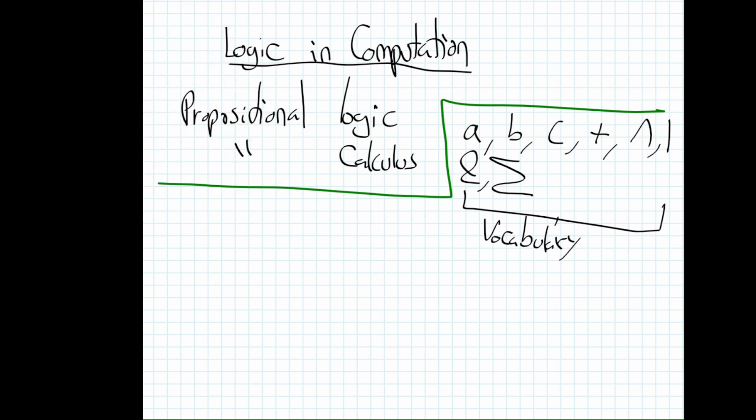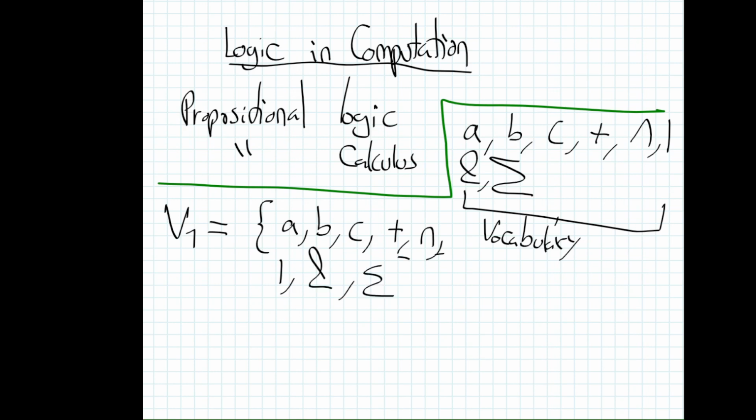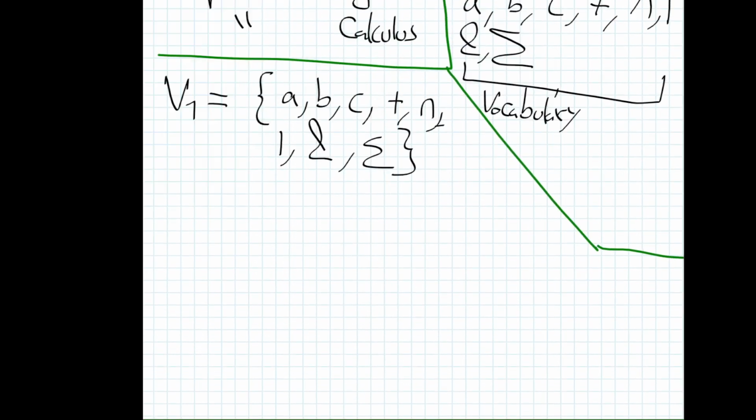So let's say for vocabulary 1, we have the terms plus, intersection, a bitwise or, an and, and a sigma. With this vocabulary, we can define statements.